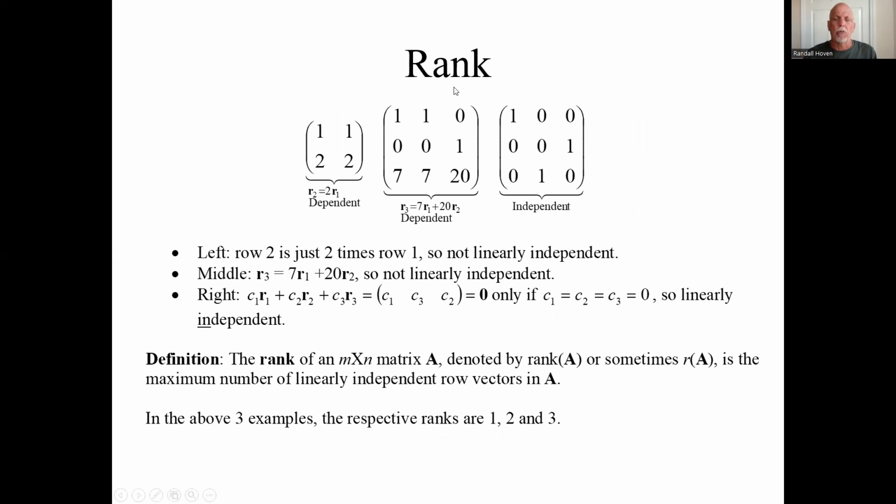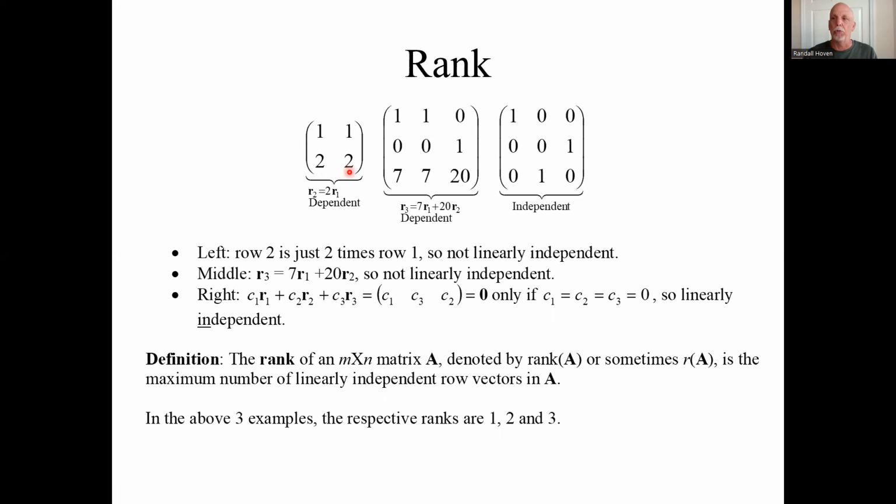And from that, we can define what we mean by the rank of a matrix. Rank of a matrix, denoted rank A, is the maximum number of linearly independent row vectors of A. It happens to be the same as the maximum number of linearly independent column vectors of A. So let's take these as examples.